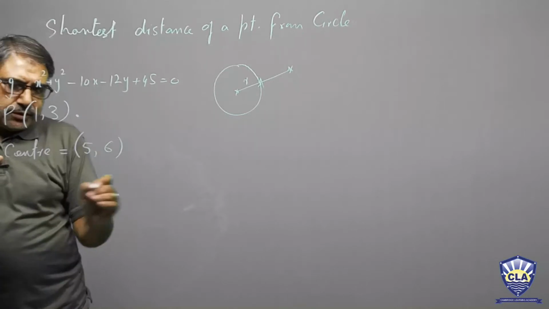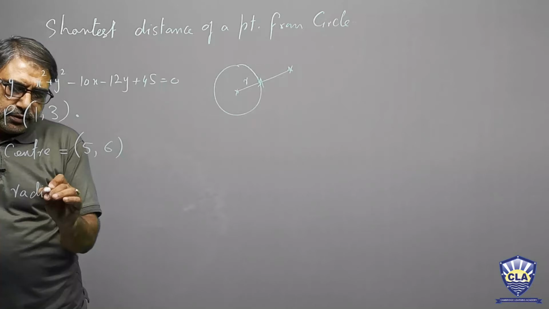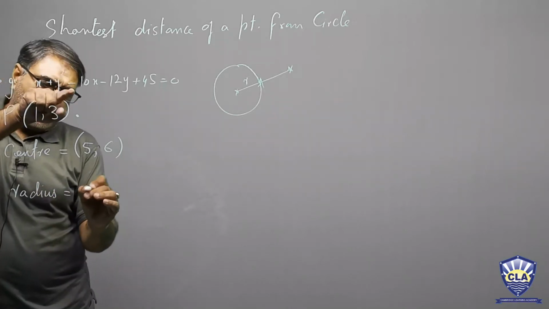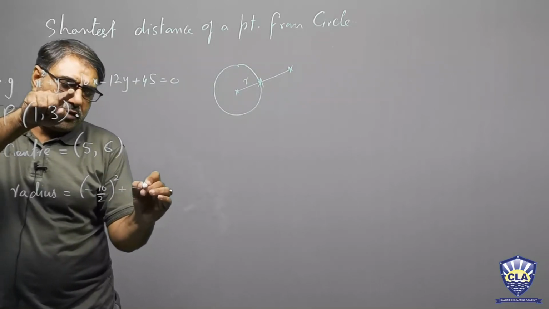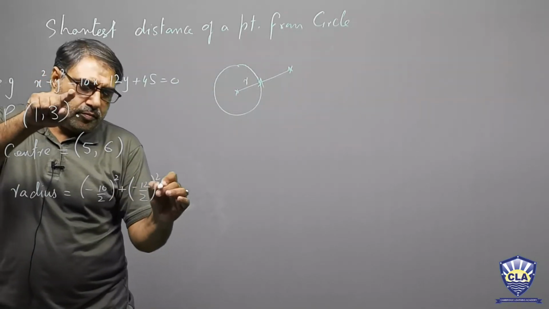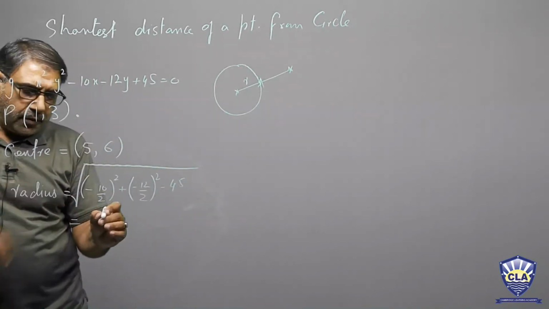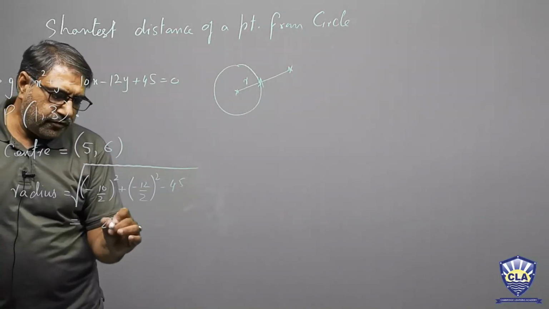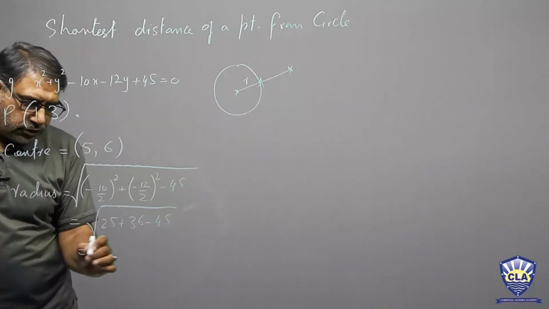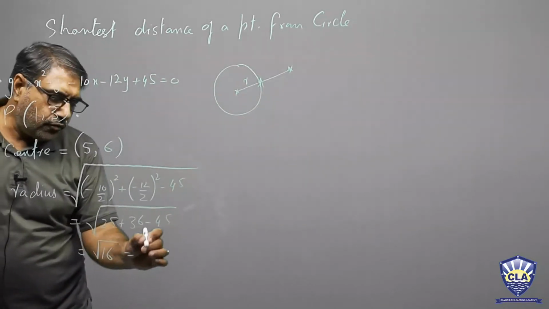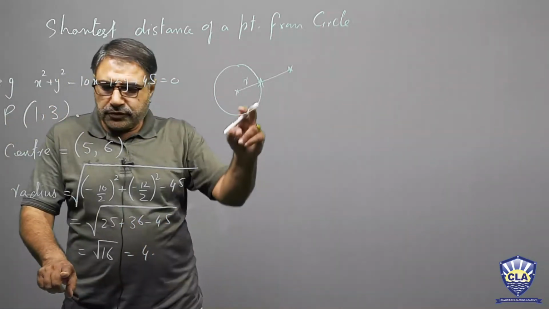So radius of the circle is under root of (minus 10 upon 2) whole square plus (minus 12 upon 2) whole square minus 45, equals to under root of 25 plus 36 minus 45 equals to under root 16. Now 4 is the radius of the circle.